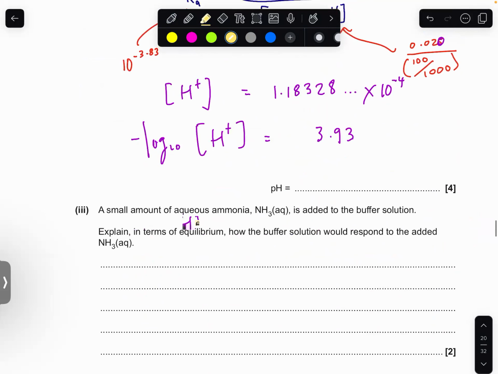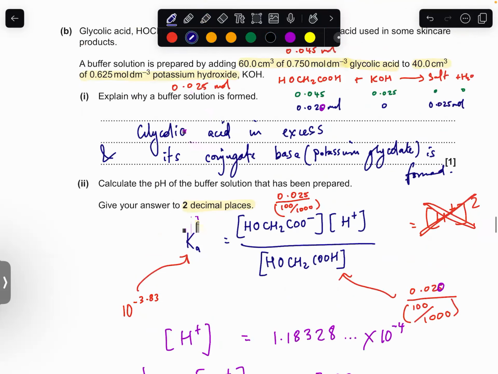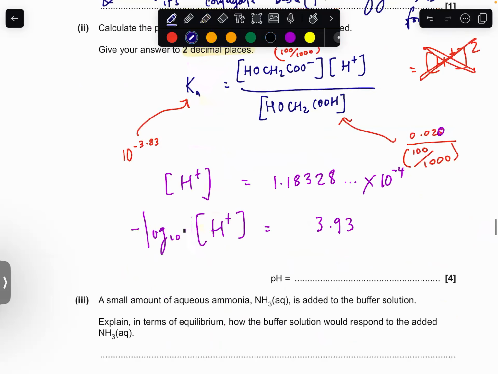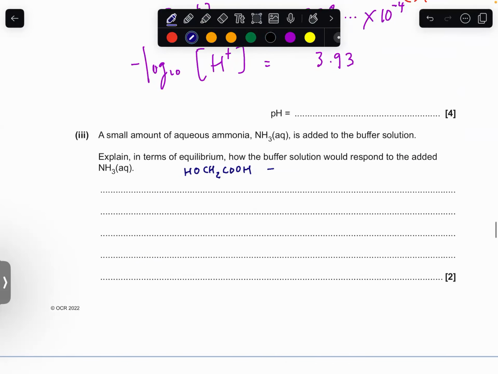Let's just write this down. In the buffer solution, you've got your conjugate base and your H plus ions.